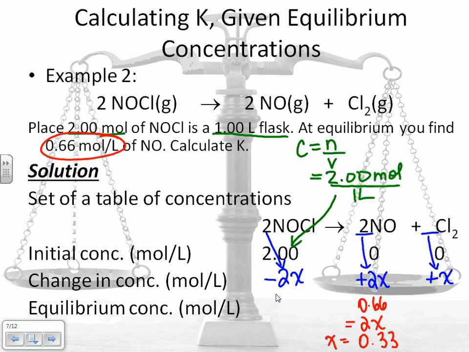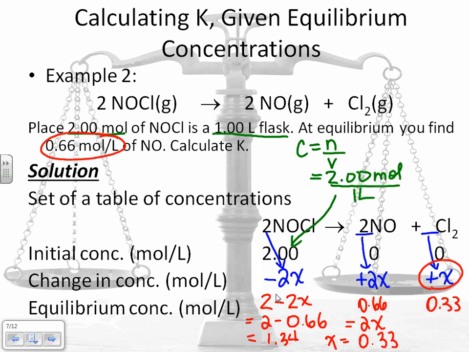So this has now given me my concentration for Cl2, because my Cl2 is just x. So this is 0.33. And my final concentration for NOCl, my reactant, is going to be 2 minus 2x, or 2 minus 0.66, or 1.34.